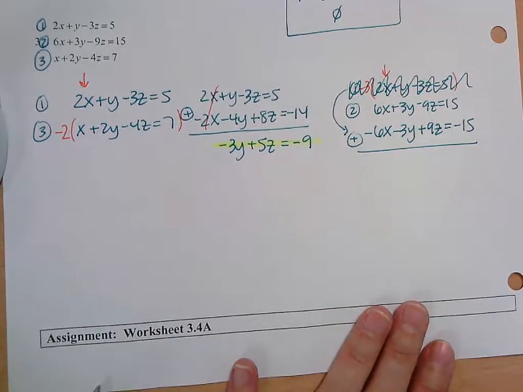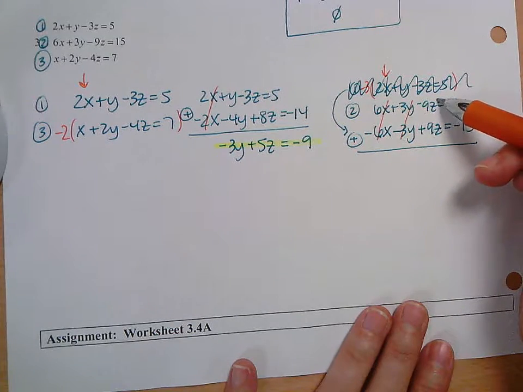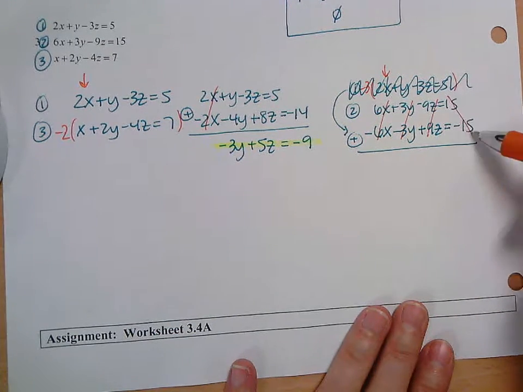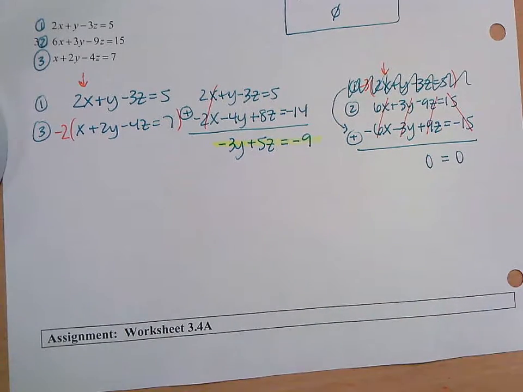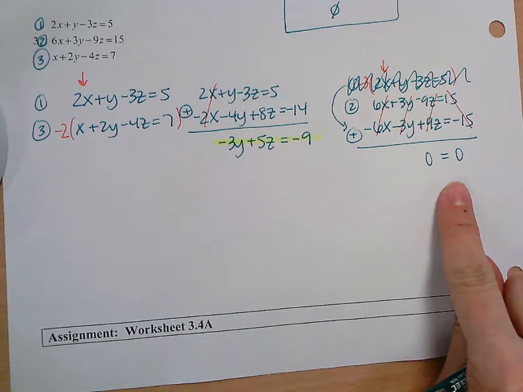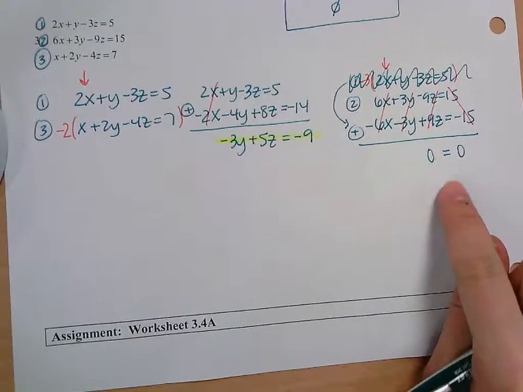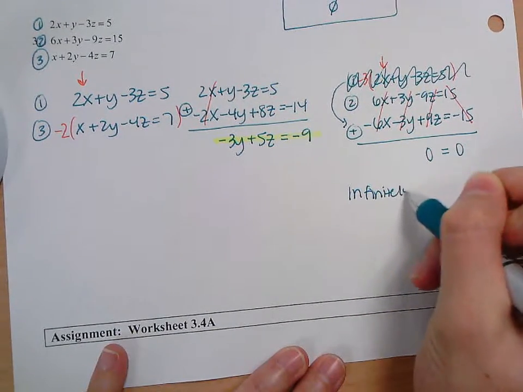Okay, my x does eliminate, but so does my y and my z and my 15s. So I get 0 equals 0. Now this wasn't my first step, so here I can say there's infinitely many solutions, but this is why.